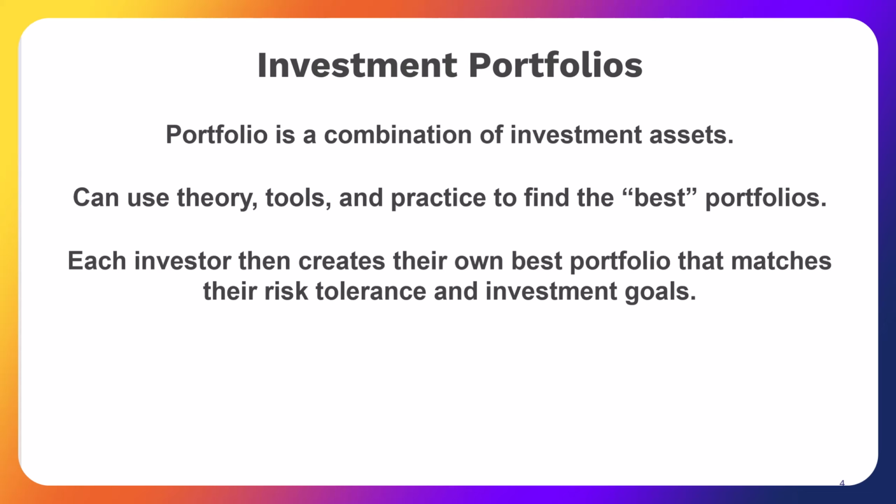The combination balances the higher return potential of stocks with the stability of bonds. So each investor will ultimately create their own best portfolio that matches their risk and investment goals.